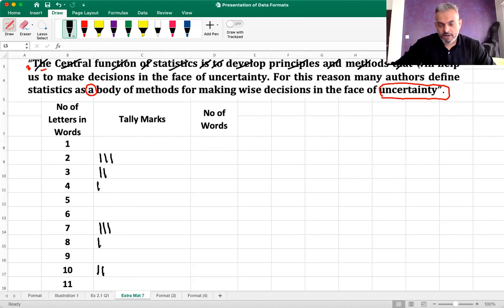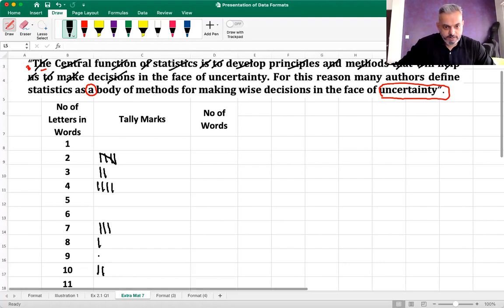Will, WILL, 4. Help, 4. Us, 2. Again 2. Make, 4. 1, 2, 3, 4, 5, 6, 7, 8, 9. Decision, 9.